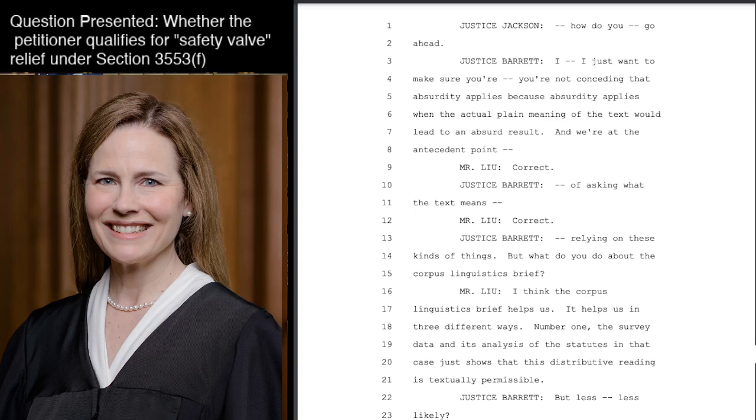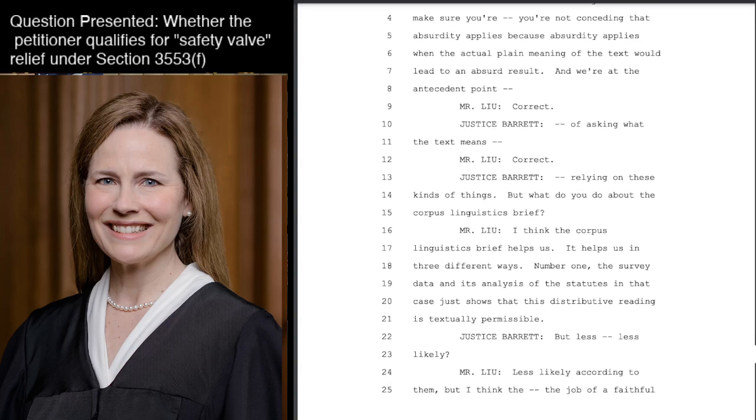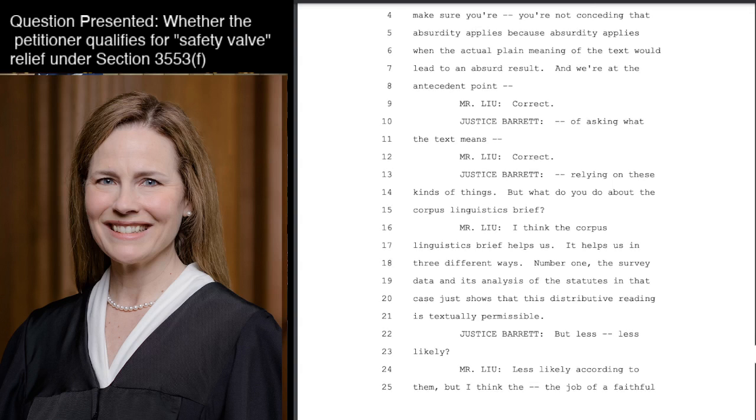But what do you do about the corpus linguistics brief? I think that corpus linguistics brief helps us in three different ways. Number one, the survey data and its analysis of the statutes in that case just shows that this distributive reading is textually permissible, but less likely.